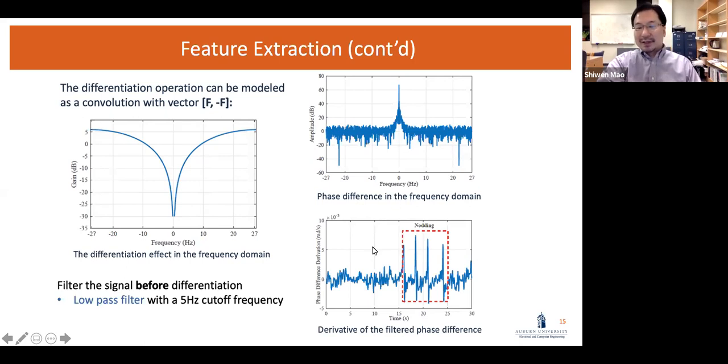In this example, for the same 30-second period, you can see that after first the low pass filtering, then differentiation, we can see very clear spikes that correspond to the nodding of the head. So now this signal becomes very useful.